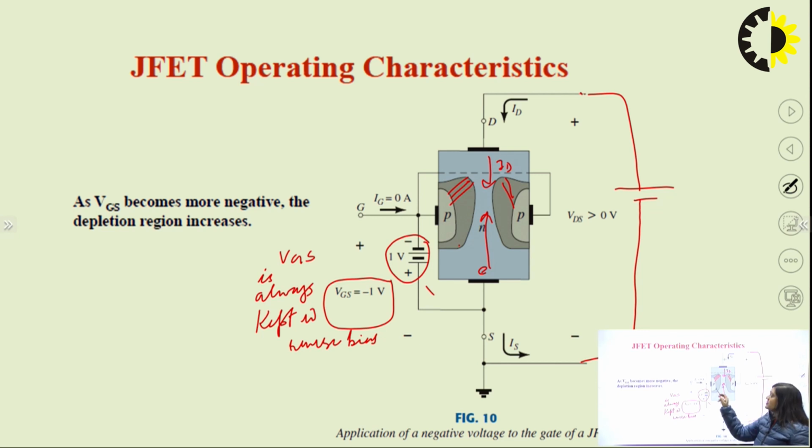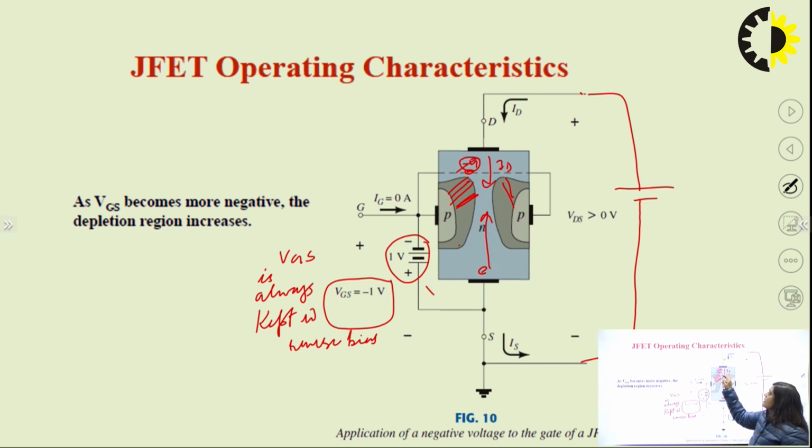With the help of this reverse bias, we are providing an extra reverse bias at the drain terminal. This -4 potential is required when VGS was 0, but here we have applied VGS at -1.